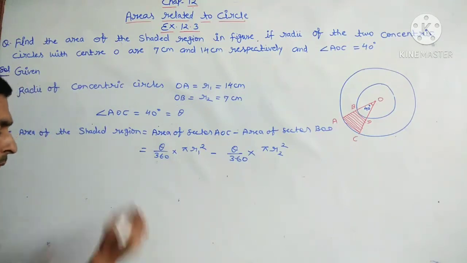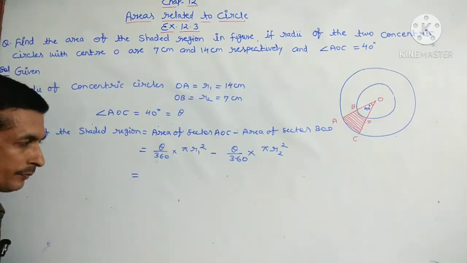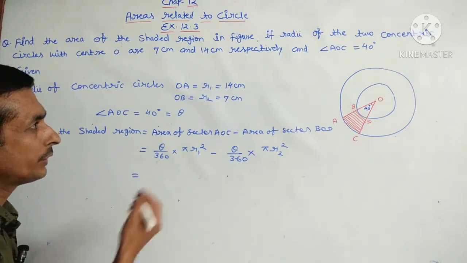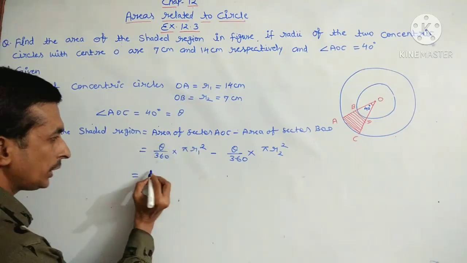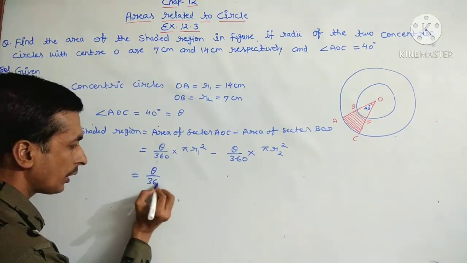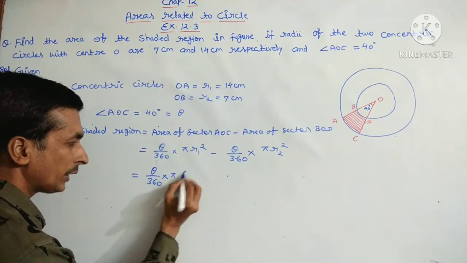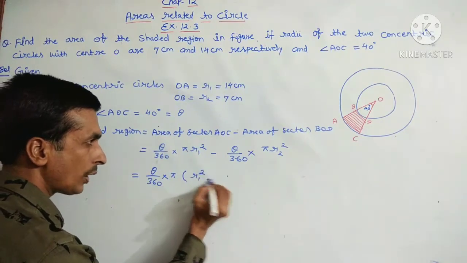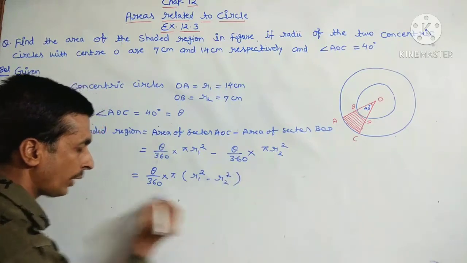Okay, put the values and find the answer. So how to write here? Theta upon 360 times pi, you will take common, so R1 square minus R2 square. I think you can understand.